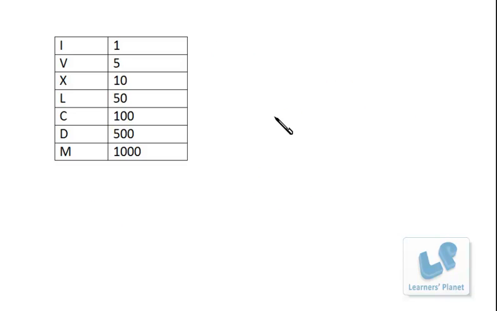Now let's write 190. Now how do I write 190? It's 100 plus 50 plus 40, but we cannot write 40 because if I write X for 4 times, that is not recommended or not applicable.